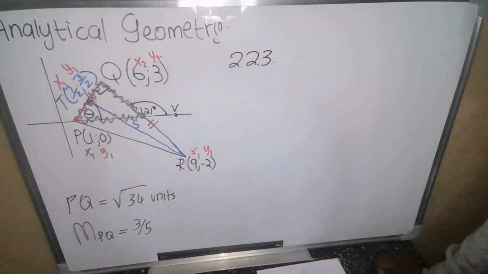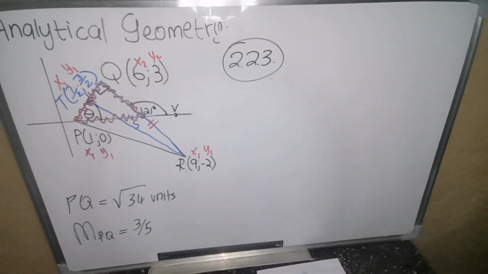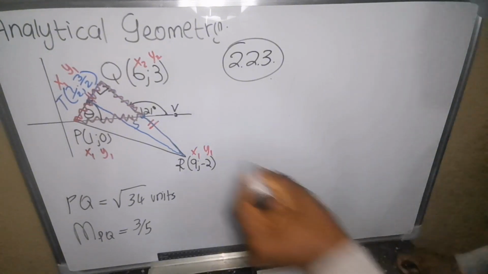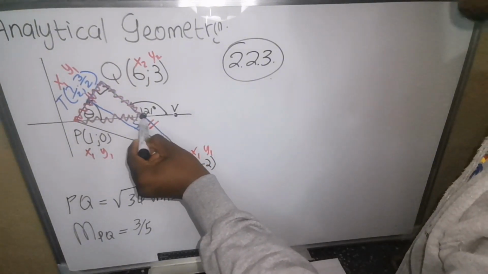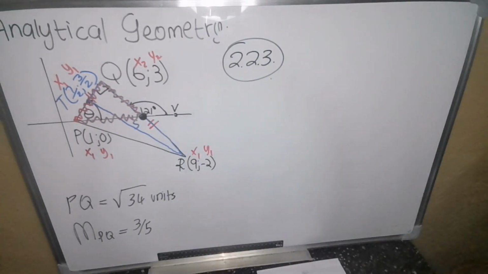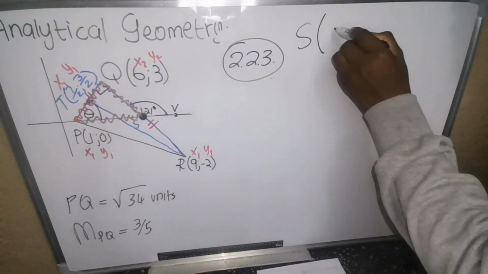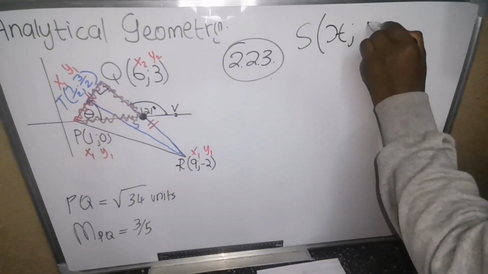Question 2.3 says determine or calculate the coordinates of S. The coordinates of S is this point here. That's where we're going to find the coordinates of S. Now, the coordinates of S in that case are x and 0.